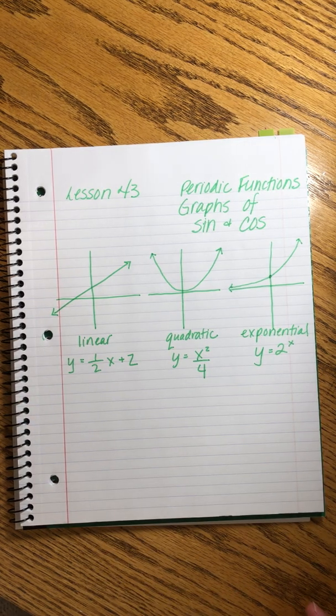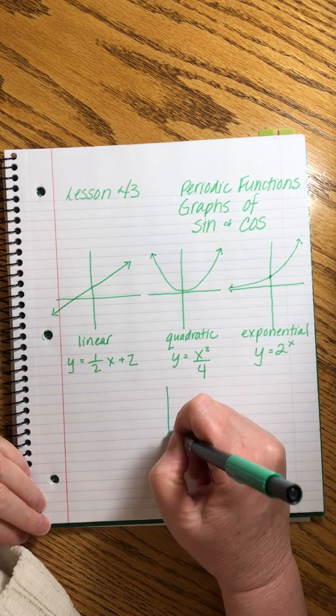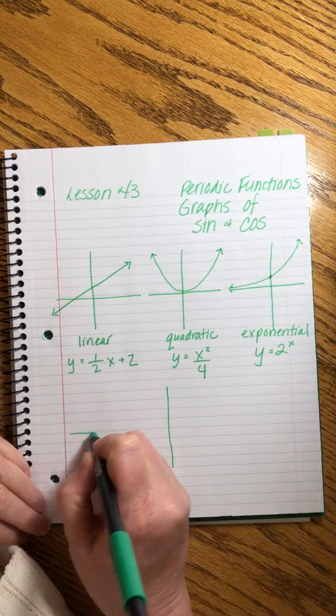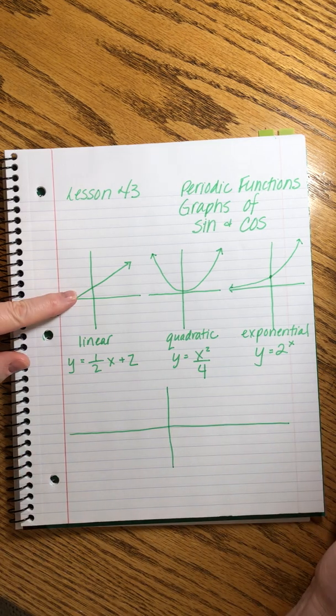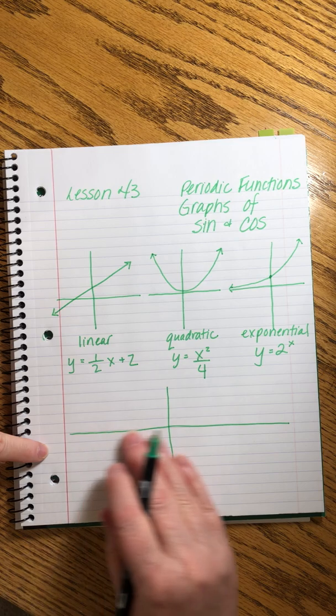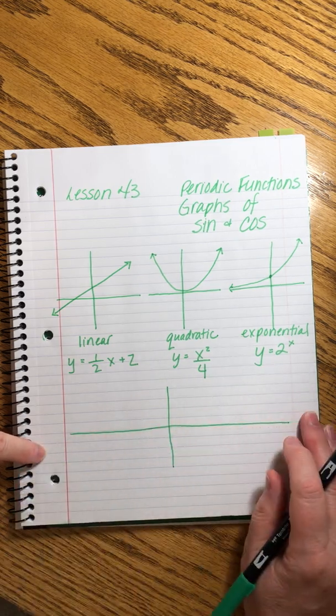Okay, now today we're going to introduce a new kind of function, and we're going to be spending a lot of time talking about this. I'm drawing the same Cartesian coordinate system, but I'm elongating this x-axis, right? Because I'm going to put more variety on here.